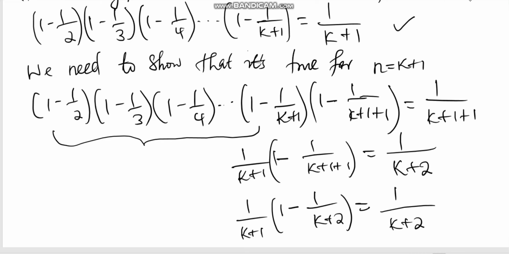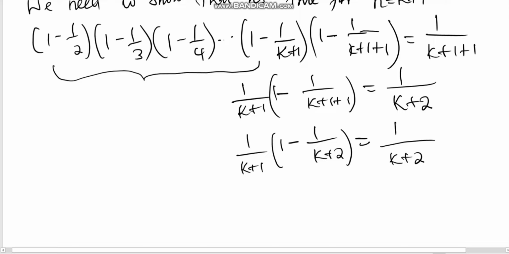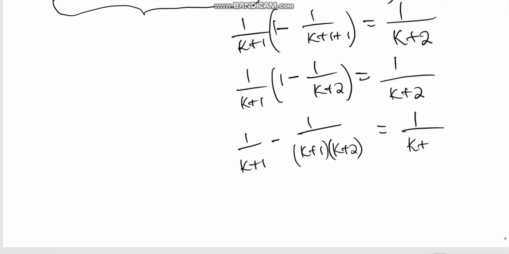Okay, so now what we're going to do here is we're going to start simplifying what we have on the left hand side there, so that it's equal to what we have on the right hand side this side. So if you multiply this here by what we have inside the brackets there, you're simply going to have 1 over k plus 1 minus 1 over k plus 1 times k plus 2 like this here, being equal to 1 over k plus 2.